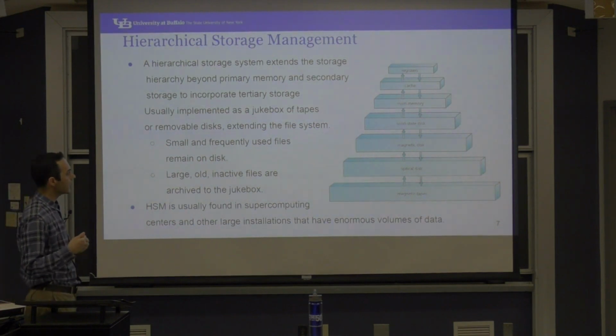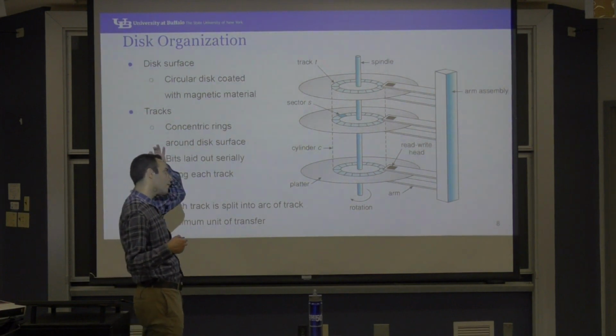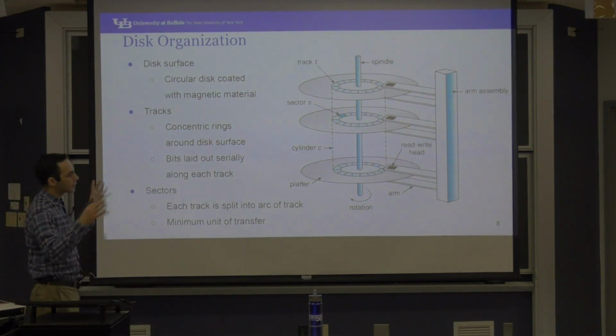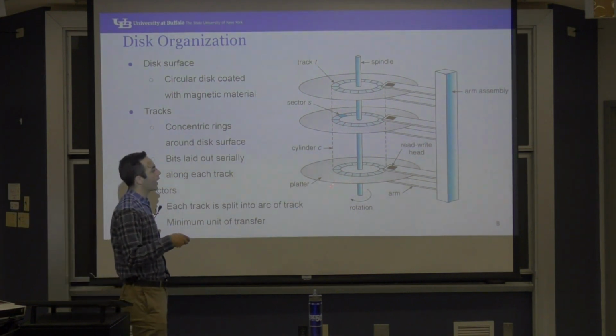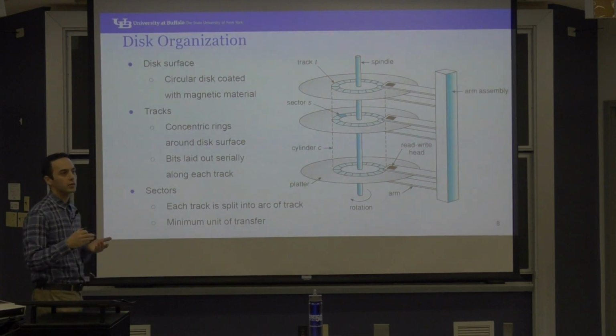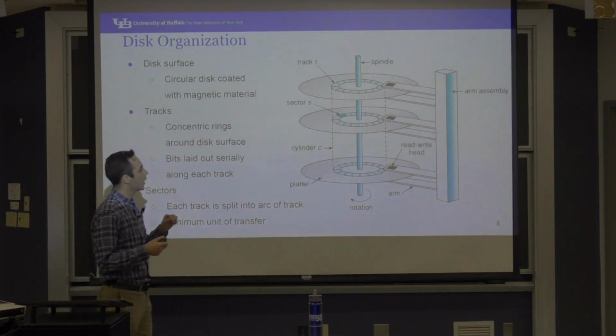All right. So now let's take a look at this image, which explains the magnetic disk. A magnetic disk inside has some platters. These are coated with some magnetic material so that you can store the orientation of the north and south pole.